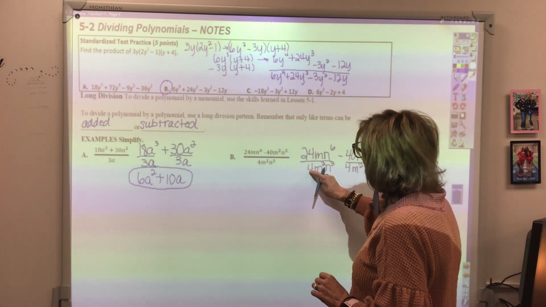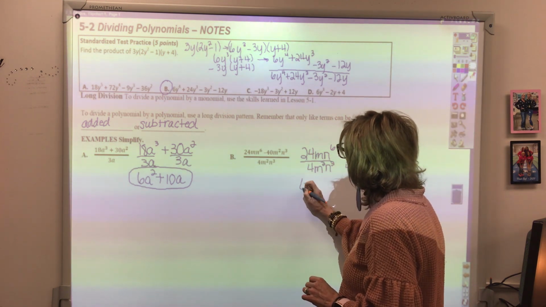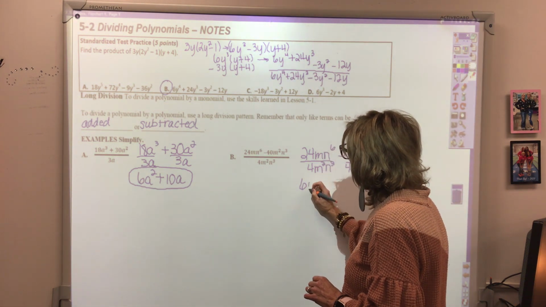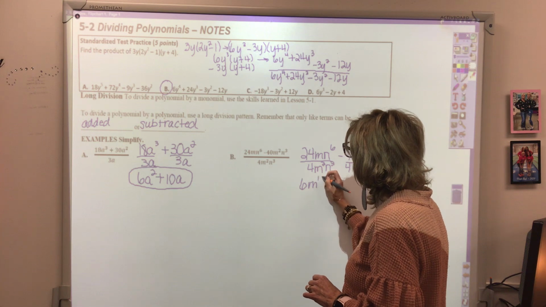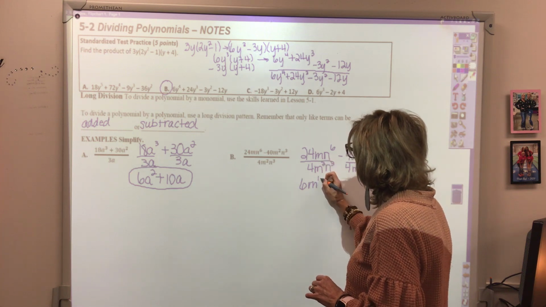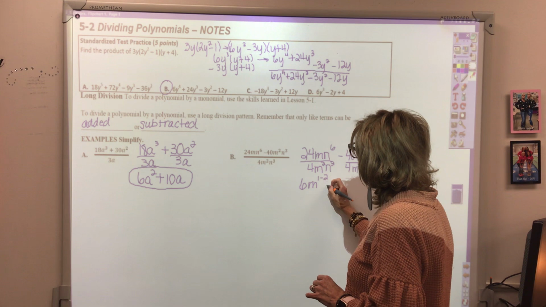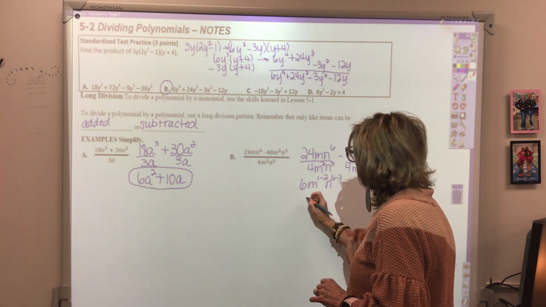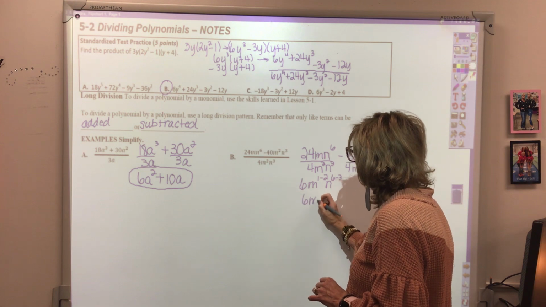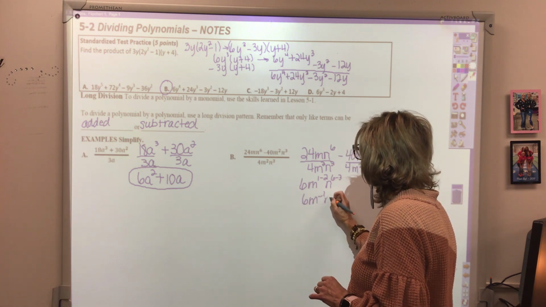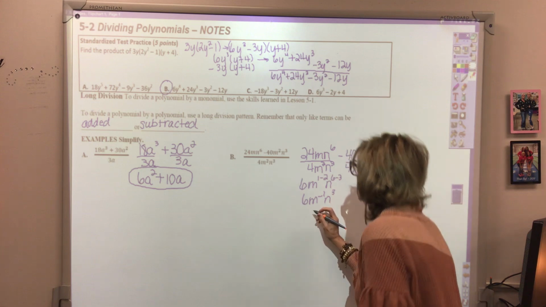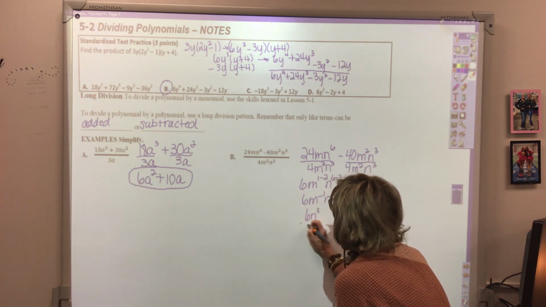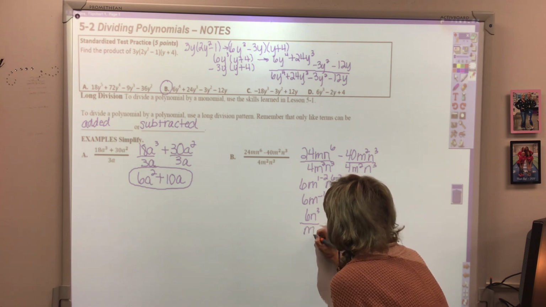So 24 divided by 4 is 6. This would be m to the negative 1 because it's m to the 1st minus 2. Then we'd have n to the 6th minus 3. So 6m to the negative 1 n to the 3rd would be 6n to the 3rd over m.